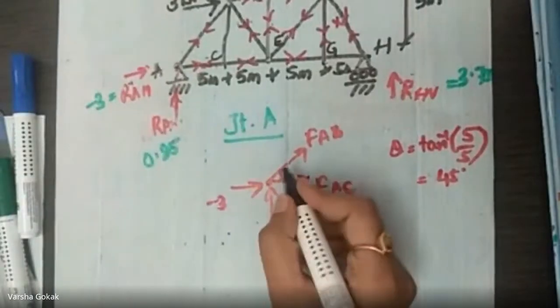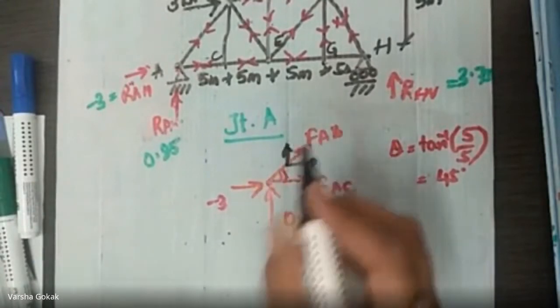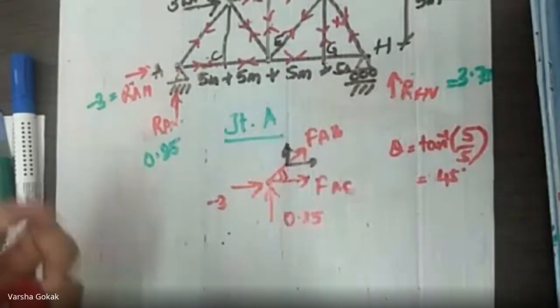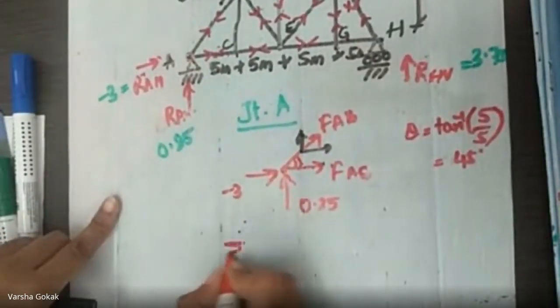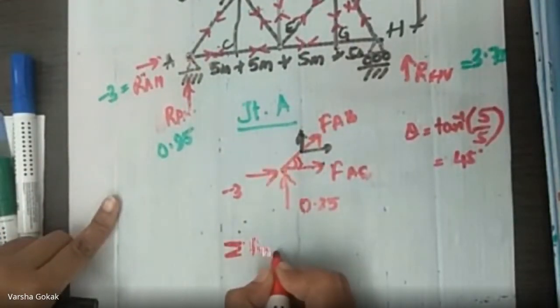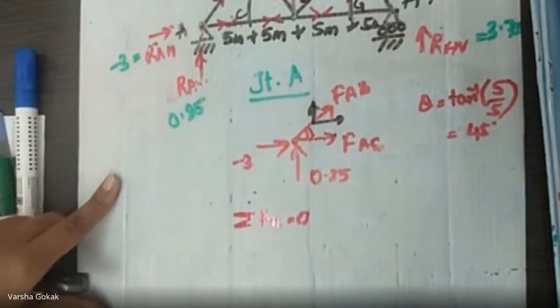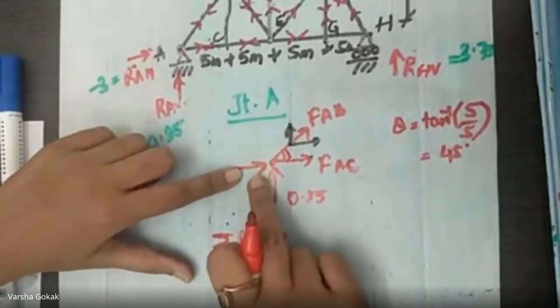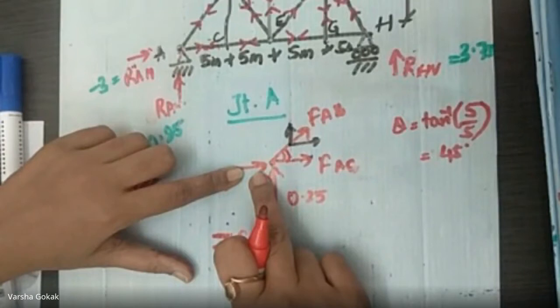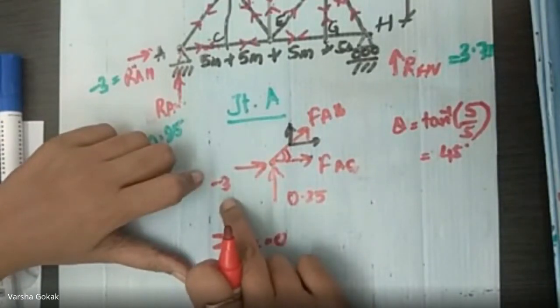So we have this. Now FAB is going to be resolved into two forces: FAB cos of 45, FAB sin of 45. Start taking the summation of Fx and Fy. When I take summation Fx equal to 0, sign-wise this is plus RAH. But when substituting, I will substitute as -3 to this.